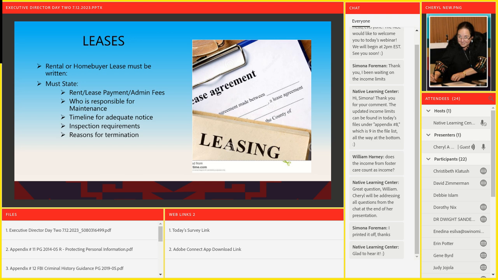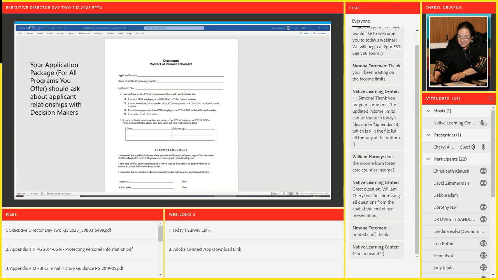Do not do anything to your leases without running it past your legal department. Okay, these are the most binding pieces of paperwork that you'll have within your office. Okay, that's not something you can just add something to like you do a policy, okay, or a procedure. Your leases, always put your legal eyes on it.